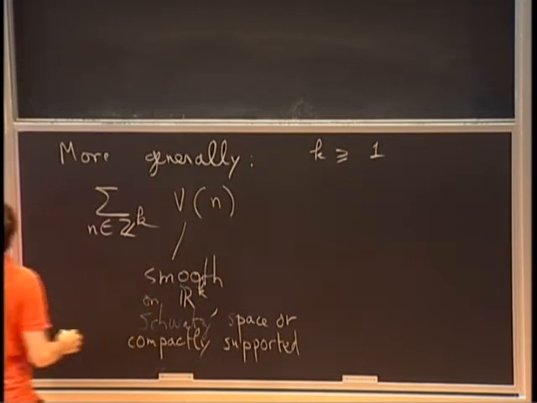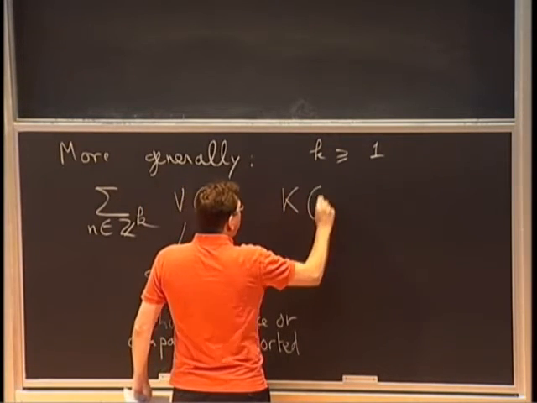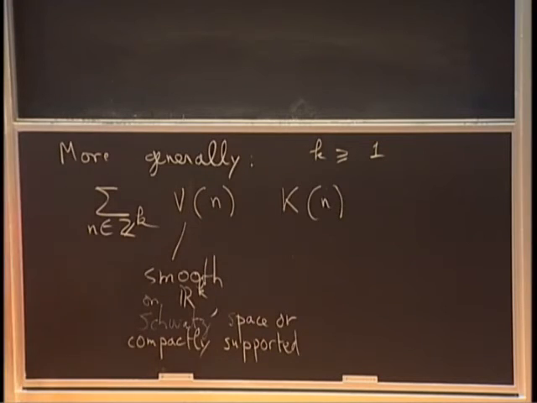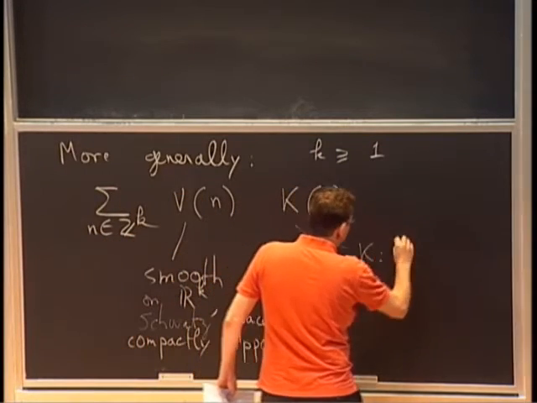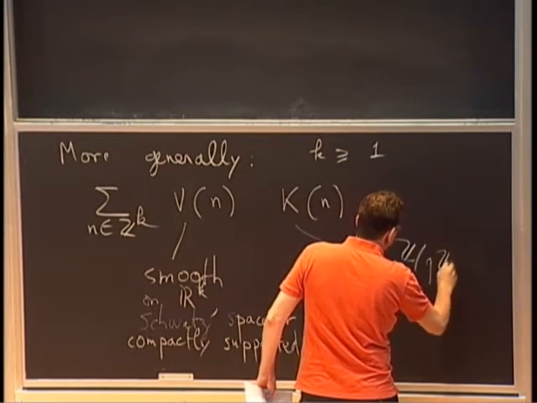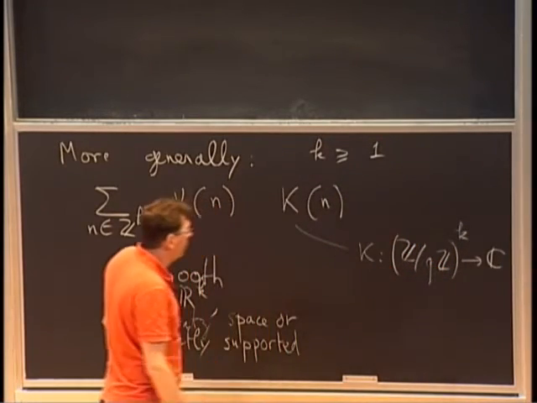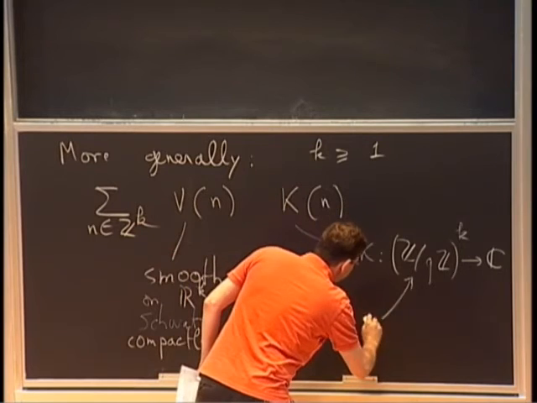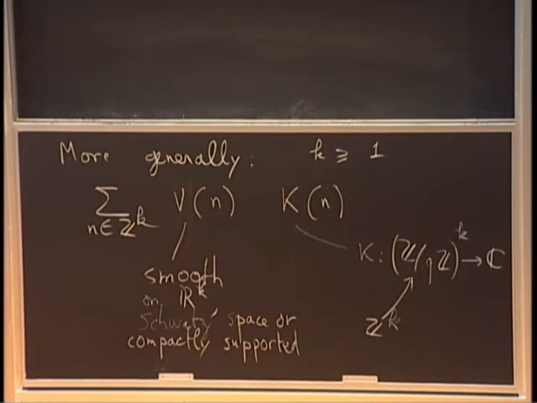Okay, so this you have to think of as a smoother version of the characteristic function of an interval or of a box. And then we're going to have some arithmetic factor k, which is going to be periodic modulo some integer q. So it's a function now really from (z mod qz) to the power k for some modulus q that we view as a function on all of z to the power k by just composing with the natural projection.